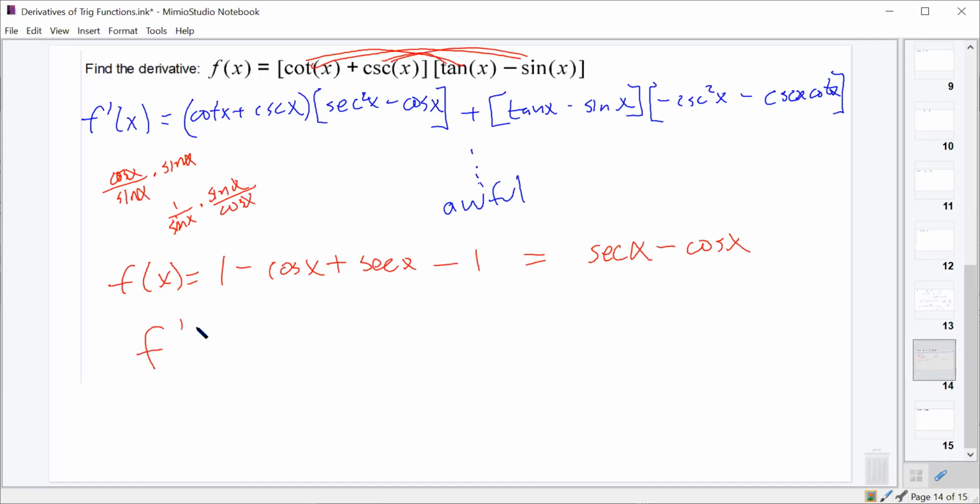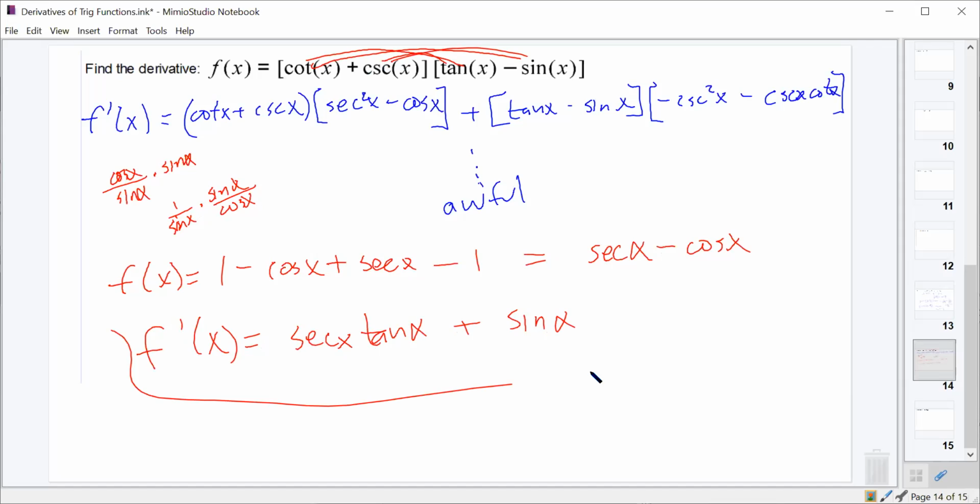And then what is f prime? Looks like secant x tangent x plus sine x. I prefer that answer. It's unlikely that they would give you the other answer on the AP test, even though it's true and accurate.